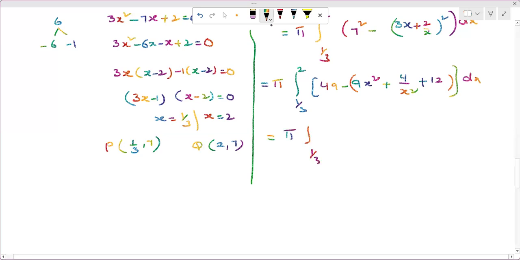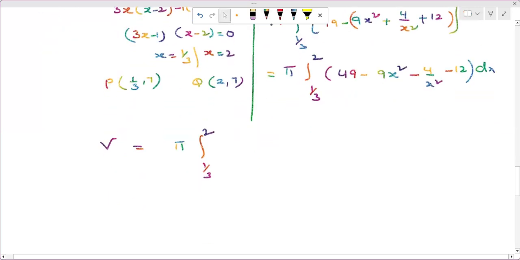Pi integral 1 by 3 to 2, 49 minus 9x square minus 4 by x square minus 12, into dx. Now if you simplify that, integral 1 by 3 to 2, 49 minus 12 is 37, and 9x square is as it is, minus 4 by x square.